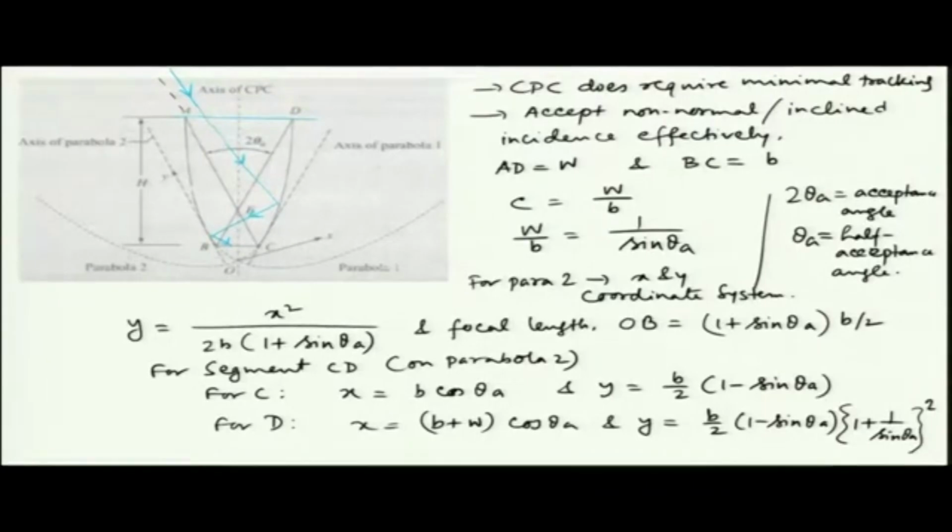Okay. So, once we know the coordinates of C and D, whenever we know the coordinate of C and D, we can write the height to aperture ratio. Okay. That will tell us how much reflector surface we will need and all, right. The geometry if we want to find, then we need to know what is the height to aperture ratio.